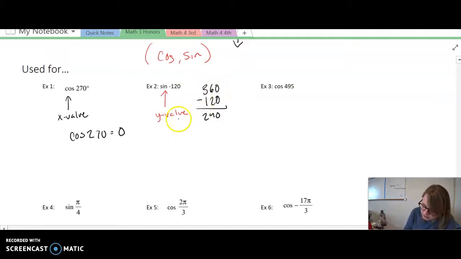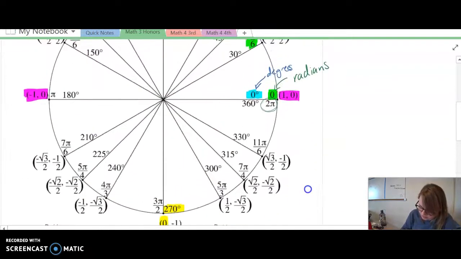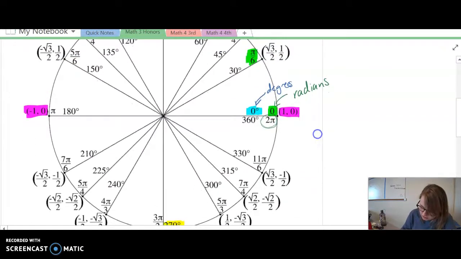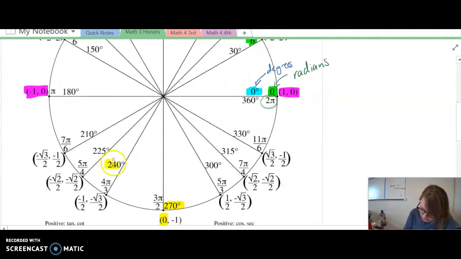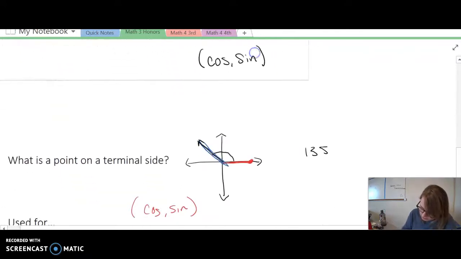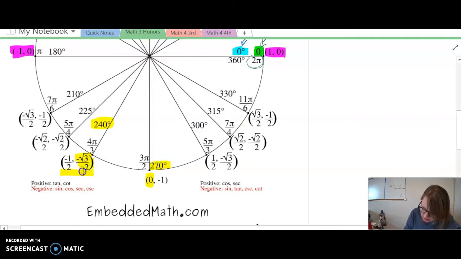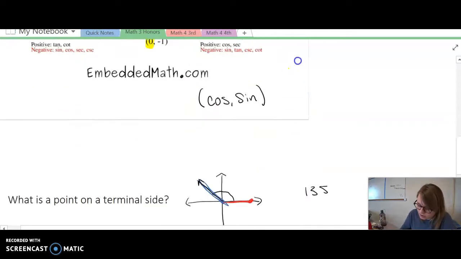So instead of sine of negative 120, it's like we're doing the sine of positive 240, and it's still the y value. So let's go find that on our unit circle. So 240 is found right here, and our coordinate is here, and then we're looking for the y coordinate because we're doing sine. So our answer is negative square root of 3 over 2.